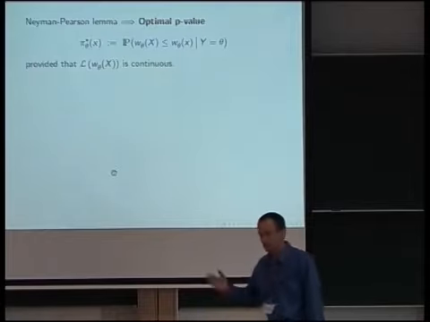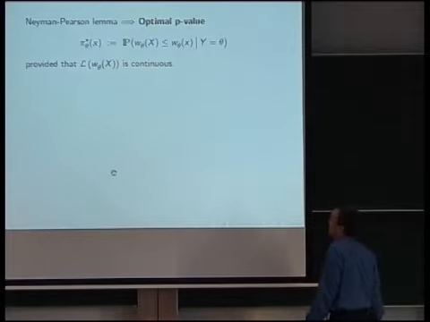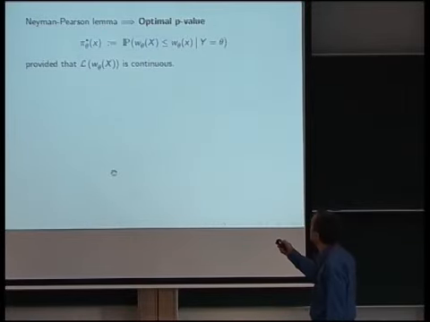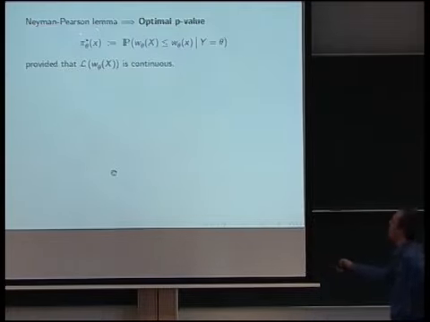Okay, so you can just apply the classical Neyman-Pearson lemma, and then you get an optimal p-value. And the optimal p-value is very simple. You take the posterior probability of class theta, but you don't use it itself, you transform it.